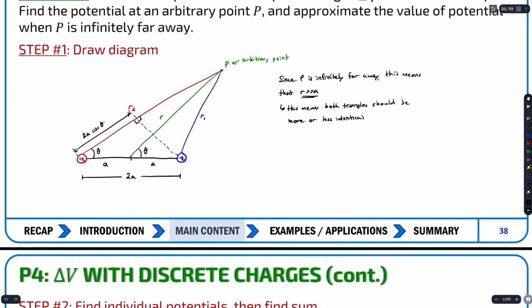So if you already have this, all I'm doing is taking a look at this triangle, red, black, and the dotted black line. We know that this is 2a, we know this is theta, so we know this length over here is 2a cos theta. So if we use that, we should be able to figure out some sort of relationship between r2 and r1.